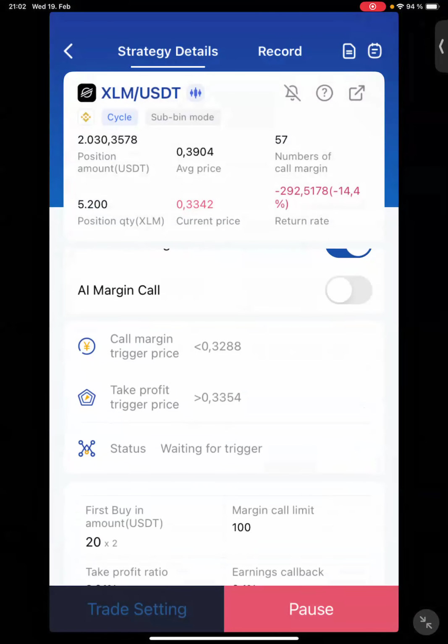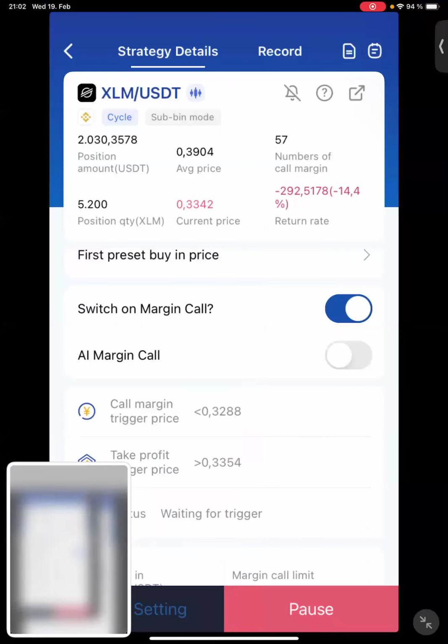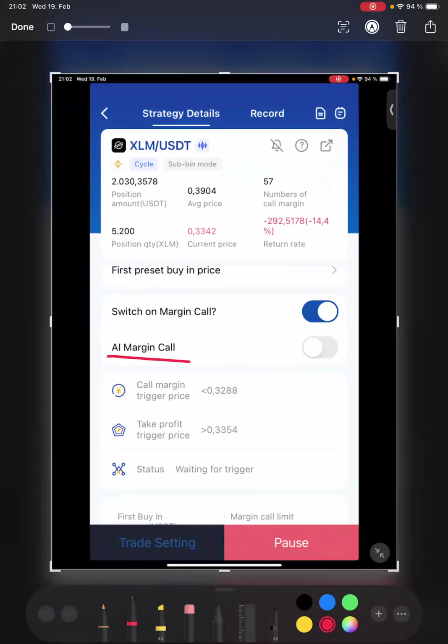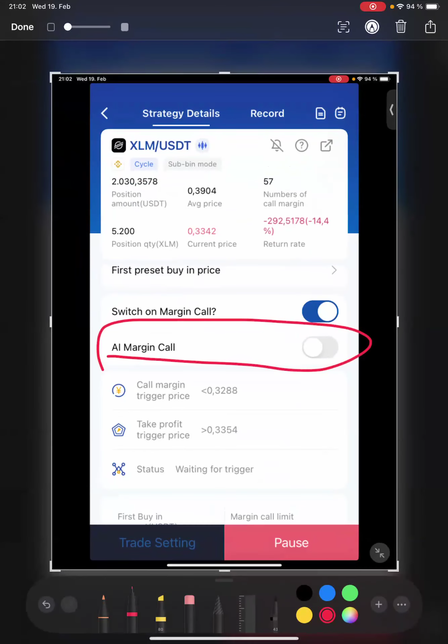Now, a lot of people usually ask, what does AI margin call mean? The AI margin call in RoyalQ is a feature that monitors the market and buys when it's needed. It will not buy based on your margin call drops.